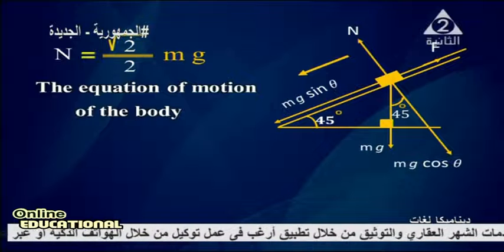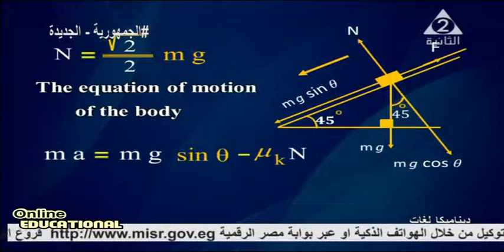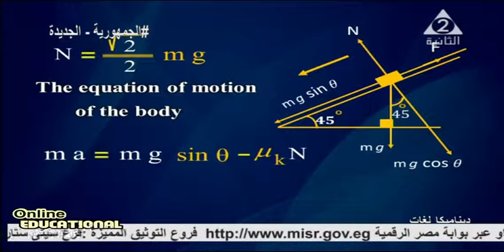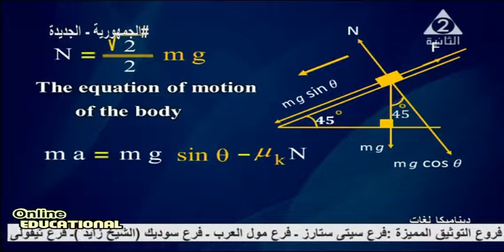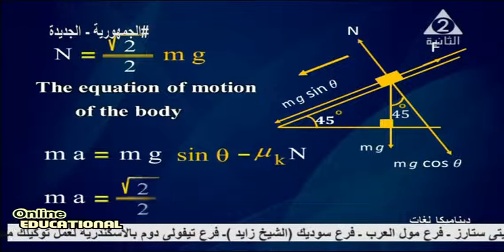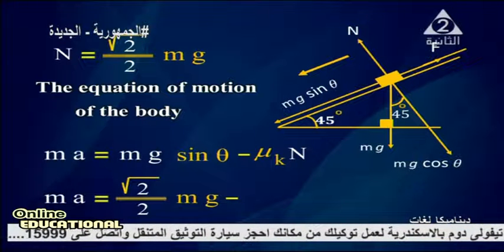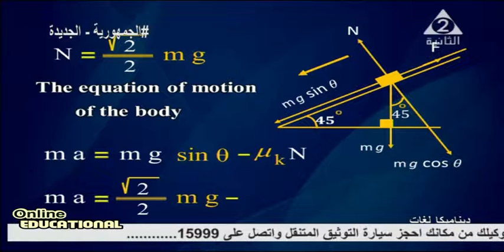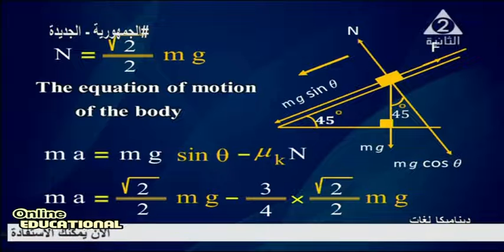Now the equation of motion of the body. MA equals mg sine theta minus mu k N. M is the mass of the body, multiplied by the acceleration, equals sine 45, which equals root 2 over 2 mg, minus mu k, which equals 3 over 4, multiplied by N, or root 2 over 2 mg.